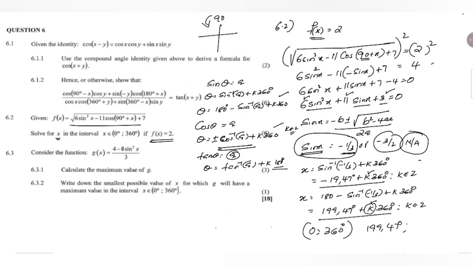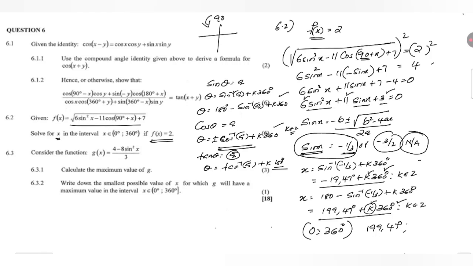Then when k is equal to 1 here, because k is an integer, you can take 0, 1, 2, 3, minus 1, minus 2, but only two solutions you get. When k is equal to 0 in the second general solution, it will give you this one.